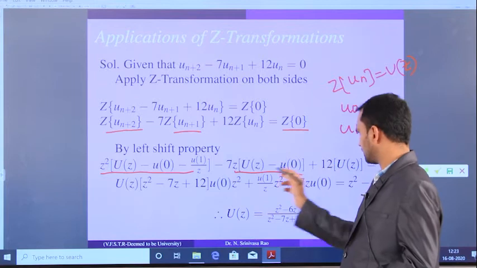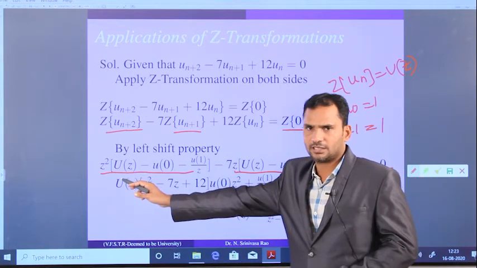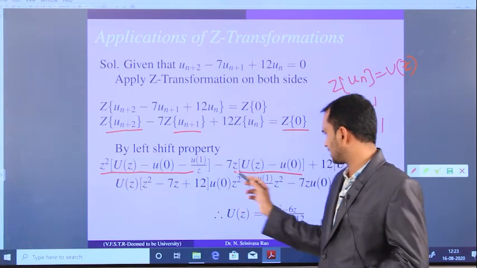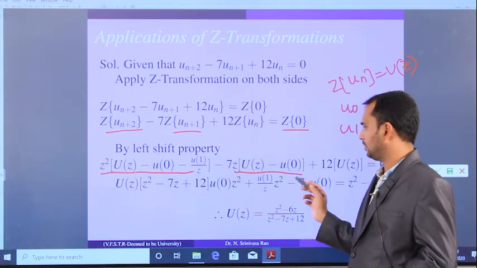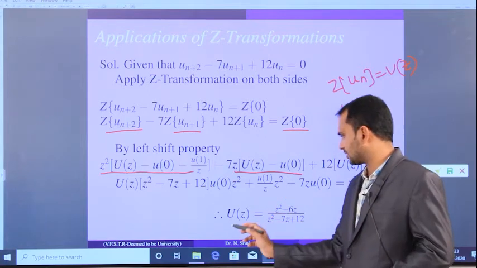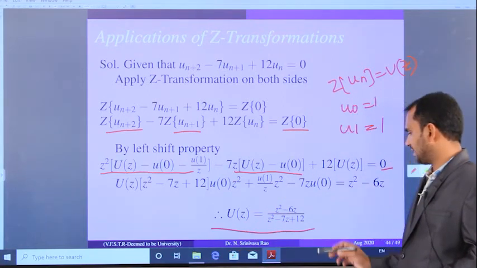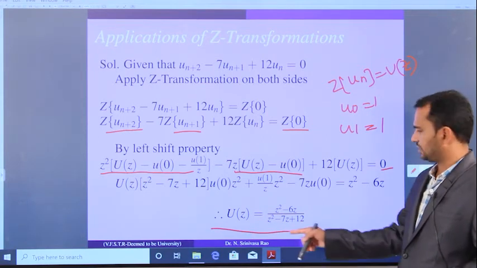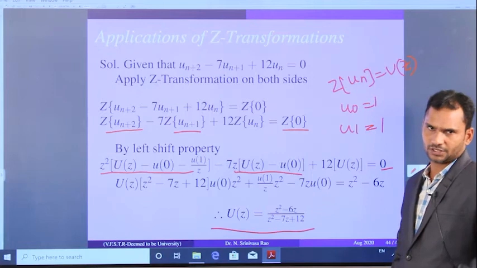Taking U(z) common, we get z squared - 7z + 12. Simplifying, U(z) is (z squared - 6z) divided by (z squared - 7z + 12).